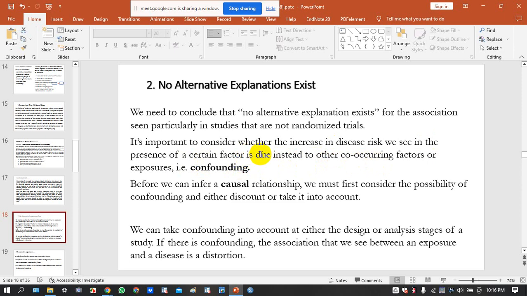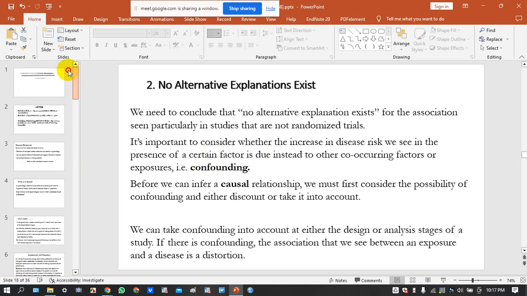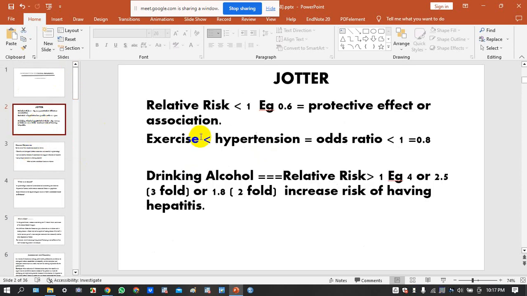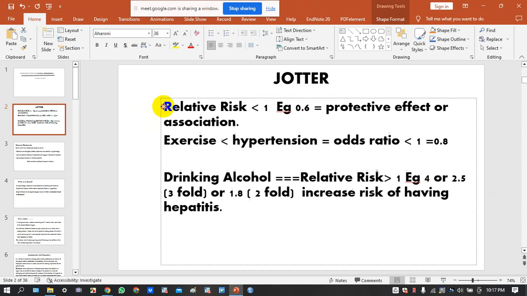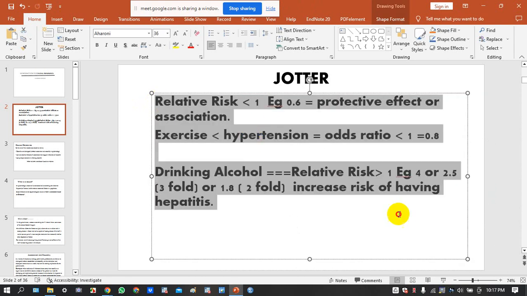Confounding means that, for instance, you are investigating a condition, like last time I was explaining, but let's say hypertension. You are looking for a biomarker, let's say brain natriuretic peptide, in hypertensives.